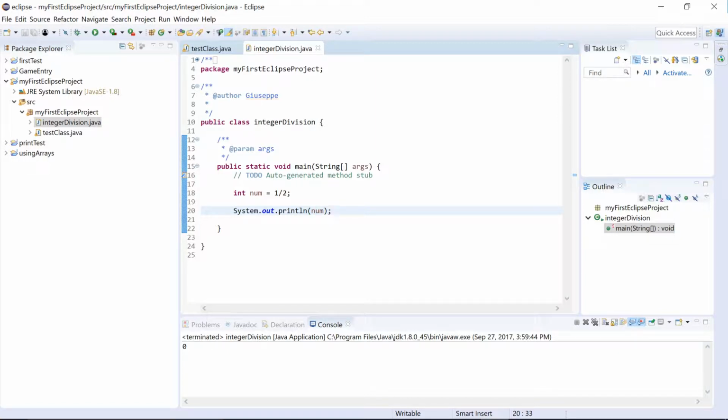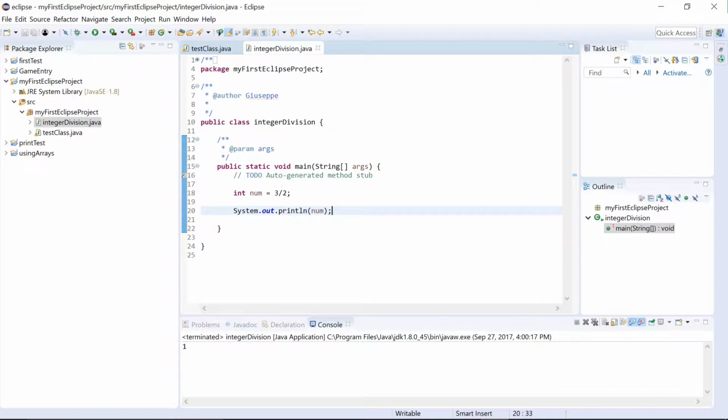Let's change the numbers. What if we had 3 over 2, and let's run that, and we get 1. We know that 3 divided by 2 is actually 1.5, but since Java is looking at the 3 over 2 as an integer, it chops off that decimal place.